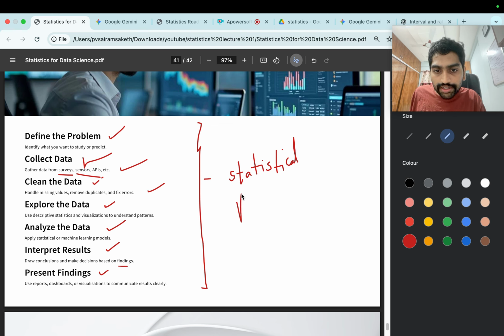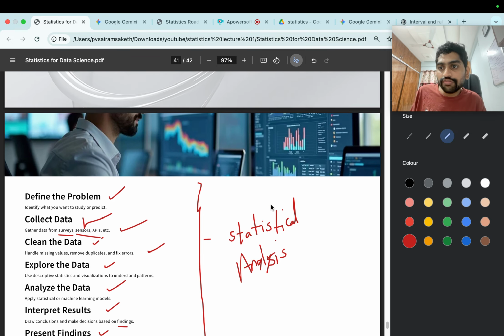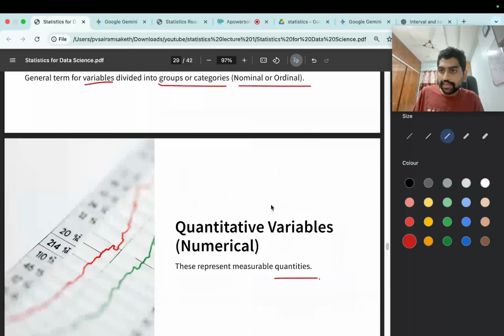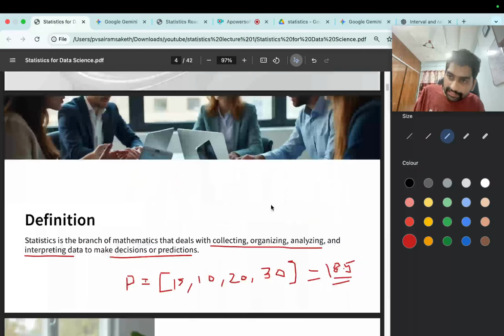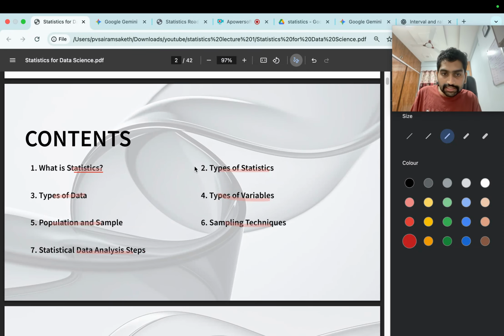I hope you understood these basic fundamentals of statistics, where we studied what statistics is, the types of statistics, descriptive and inferential, and then population and sample.